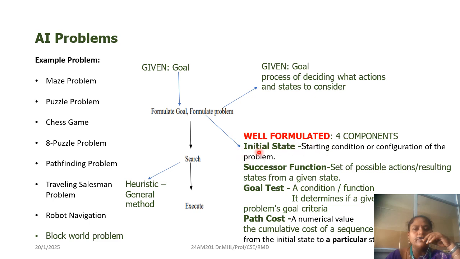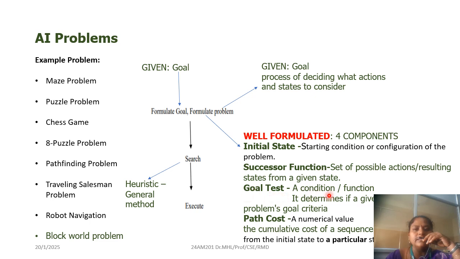A clear statement of initial state, successor function, goal test and path cost. Initial state refers to the starting condition, otherwise stated as problem configuration. Successor function is set of possible actions or resulting states from a given state.